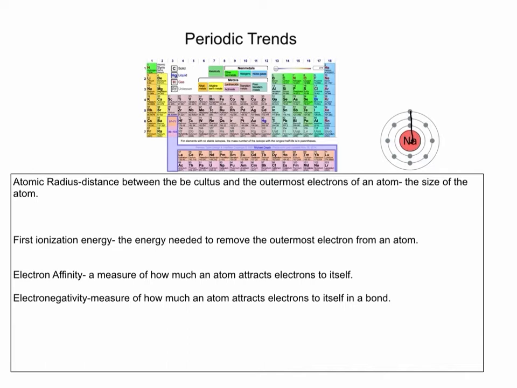So for electronegativity, what we're really looking at is 2 atoms. So let's say we have an oxygen atom and a hydrogen atom. And when 2 atoms bond, they actually share electrons between them. So I'll actually draw complete Lewis structures.